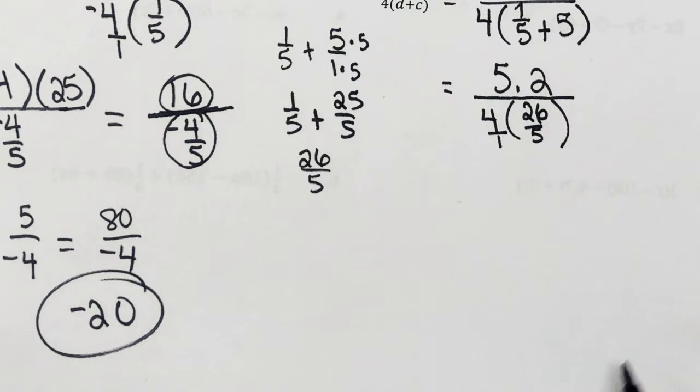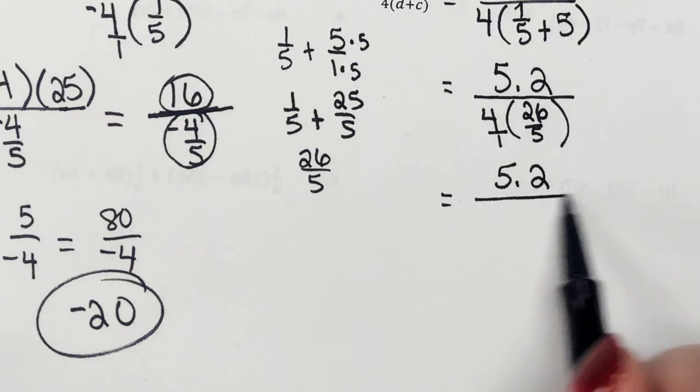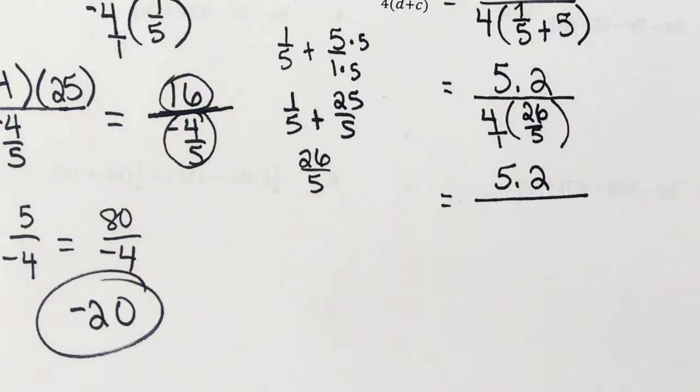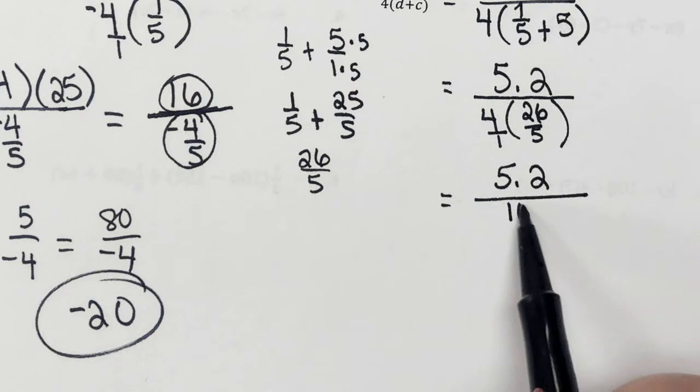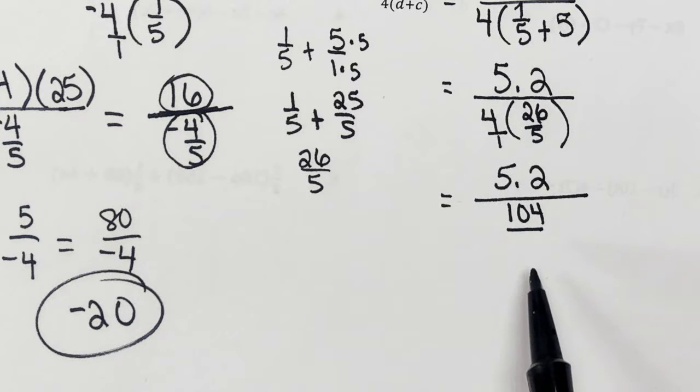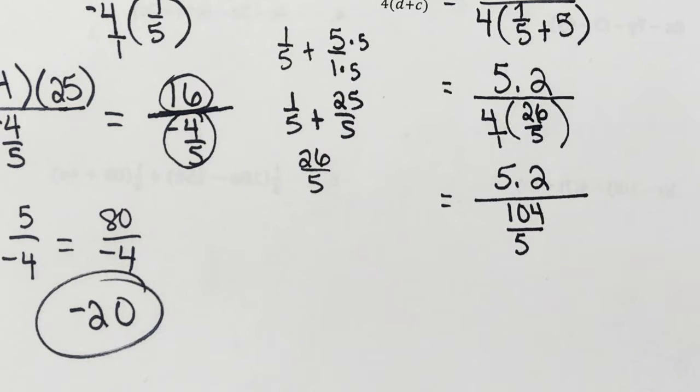Put it over 1, right? All right, so I still have the 5 over 2. All right, use your calculator. What's 4 times 26? 104. And the bottom? 5. Very good.